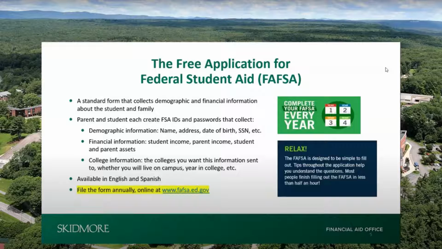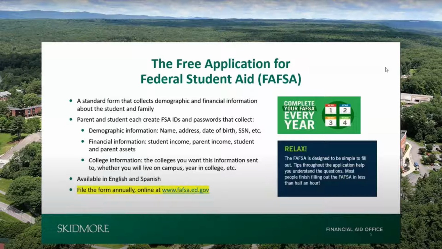The FAFSA is simply a standard form on which demographic and financial information is collected about the student and their family. The parent and the student each need to create a federal student aid ID or username and password. You'll use that or reuse that username and password to do various things.